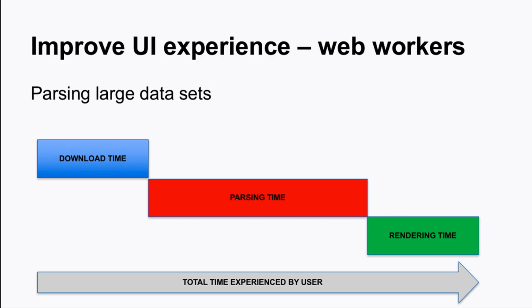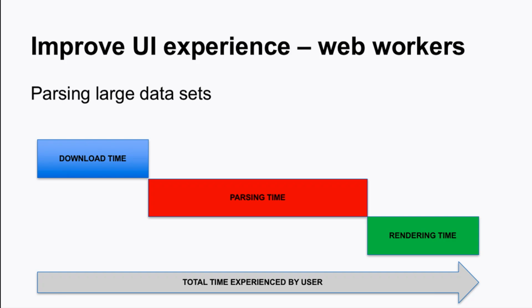You can also outsource stuff to web workers, getting heavy working applications off of the main thread. The primary culprit for this is large data sets, downloading big GeoJSON files, downloading large feature sets from a feature service. Because what the user sees is not just the download time.